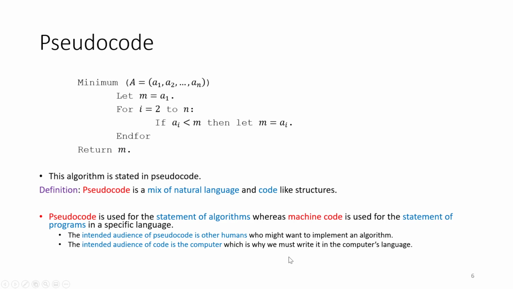Now, as I mentioned, this algorithm is stated in a language we call pseudocode. Pseudocode means sort of code, maybe code, close to code, not quite code. Pseudocode is a mix of natural language, which is what I'm speaking right now, and what we normally speak every day, and then code-like structures.